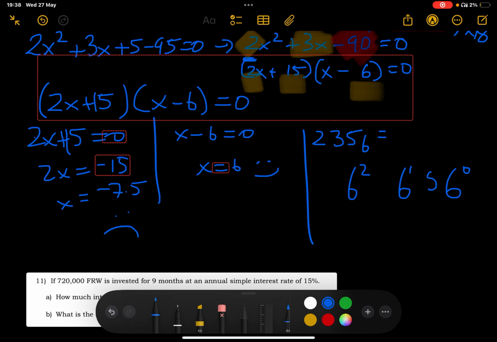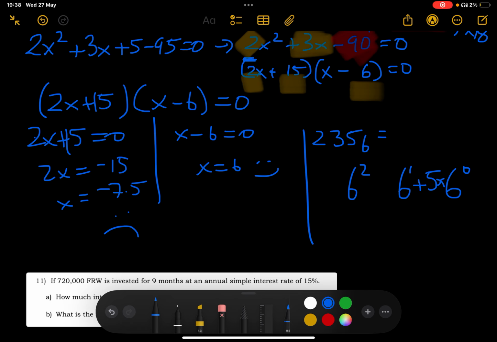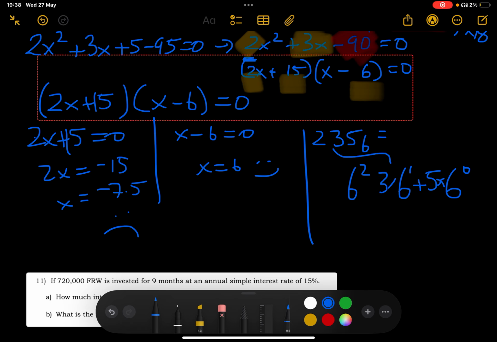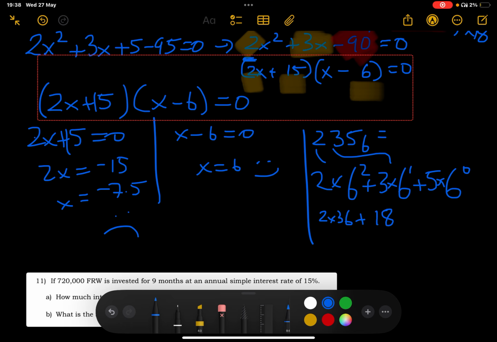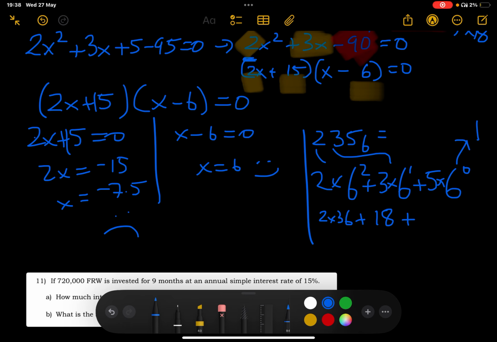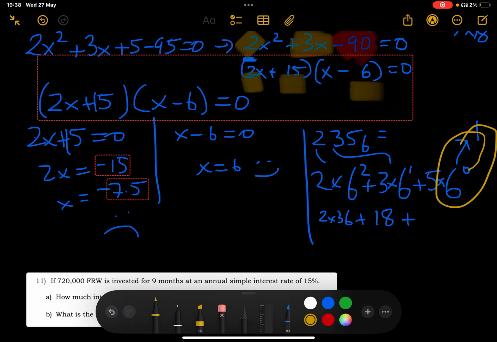So we have 5 times this plus 3 times this plus 2 times this. So we have 2 times 6 squared, so 2 times 36, plus 3 times 6 is 18. Remember 6 to the power 0 is 1. All right, don't forget that, or else your answer will be wrong.